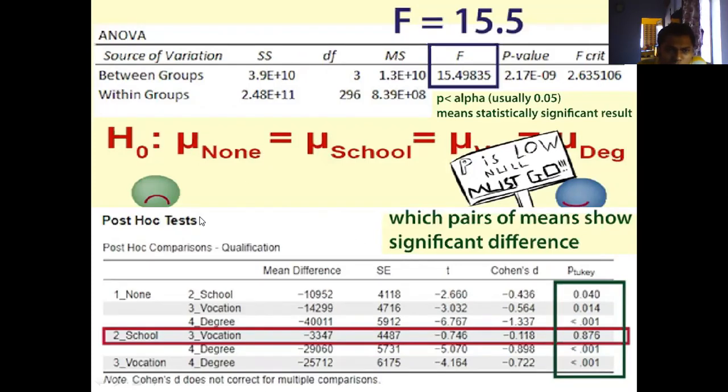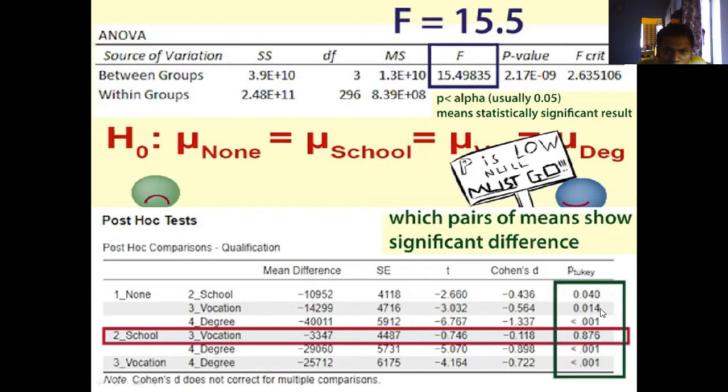Now for the post hoc test of ANOVA, here they have conducted Cohen's d test, which is known as a post hoc test of ANOVA. In the post hoc test, they have found out the statistic and they have also found out the p-values. Now you can see that the p-value for all the cases is significant except this one.